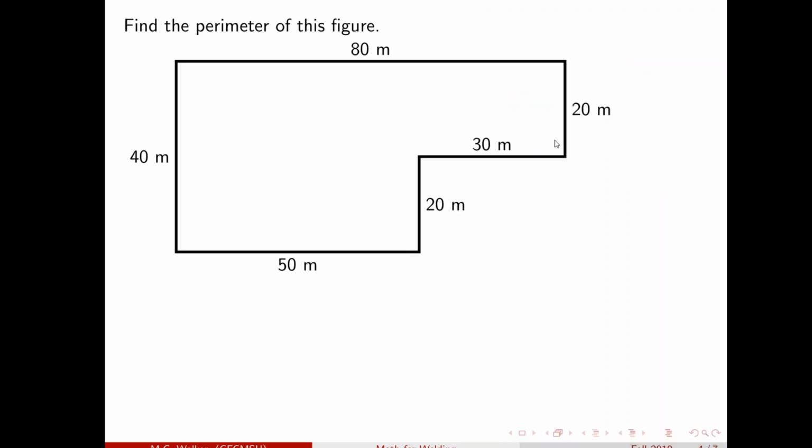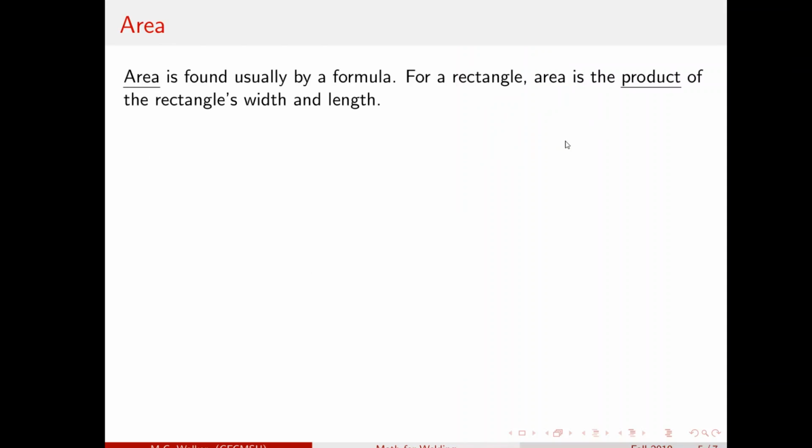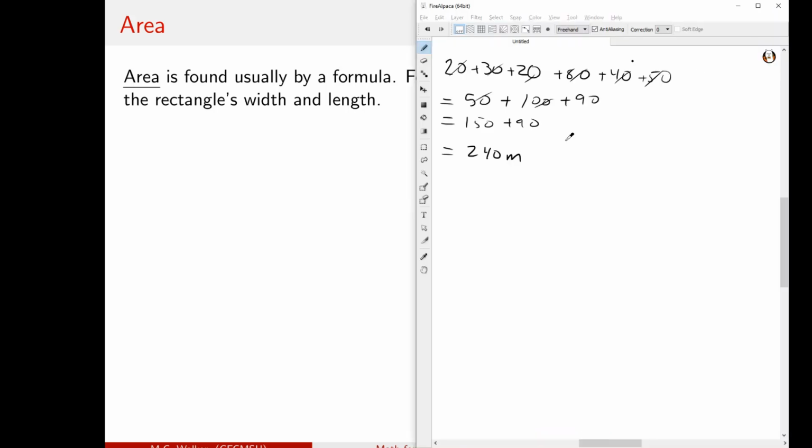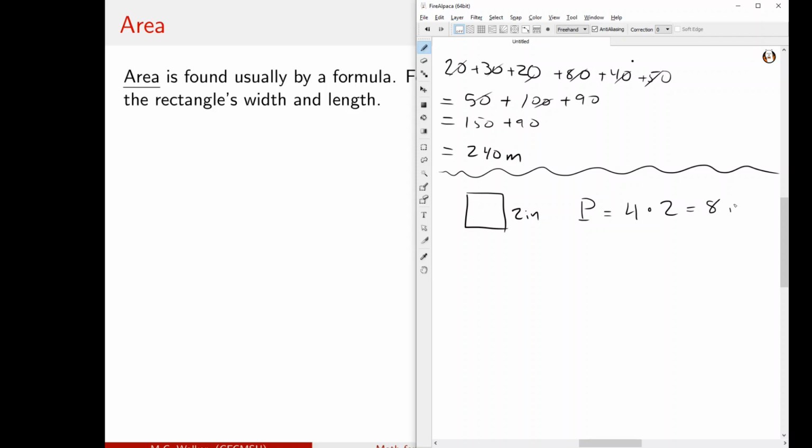That pretty much covers perimeter. There's one more neat little formula for perimeter. If I have something like a square, then the perimeter of the square is 4 times 2, 8 inches.